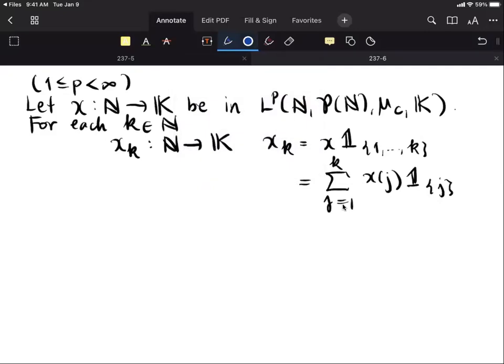So take note that this is a simple function, since these are subsets of N, and these are measurable, because all subsets of N are measurable with respect to the counting measure.